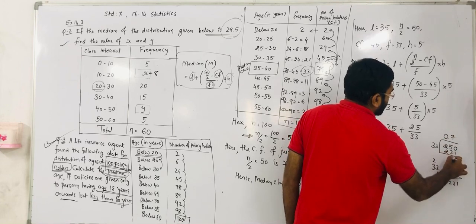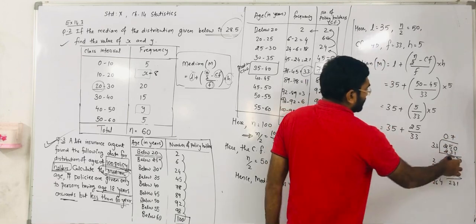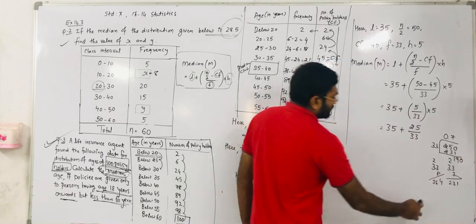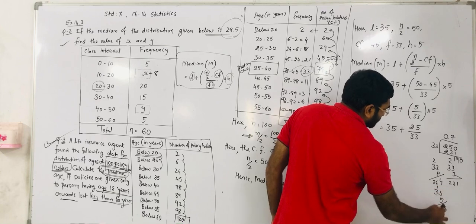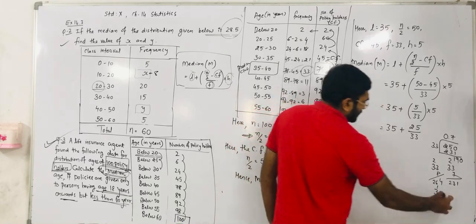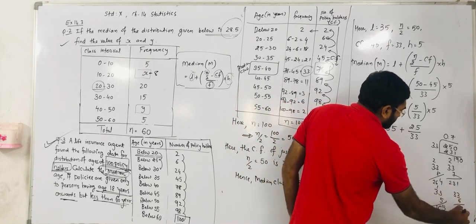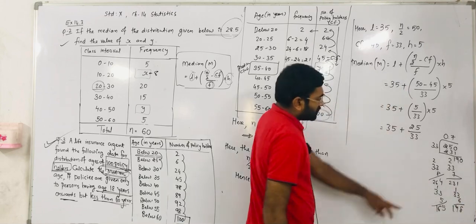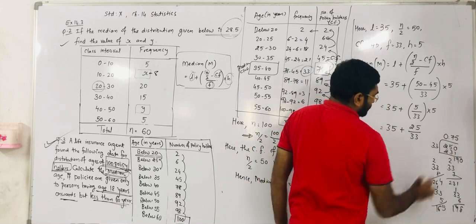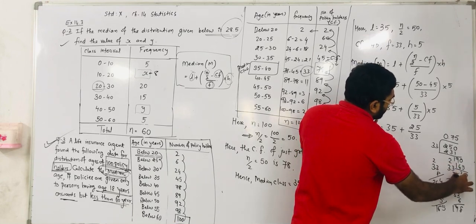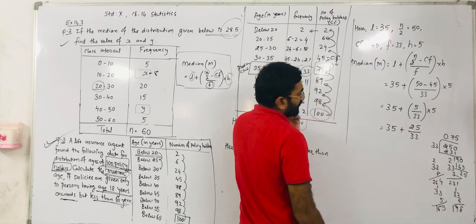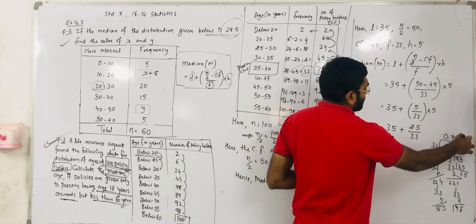Right, so we get 19, and here we put the 0. 33 fives are 165, and 33 sixes are 198. So we take fives: 33 fives are 165. Right, so we get 25. So again we get 0.75, that is 0.7575.